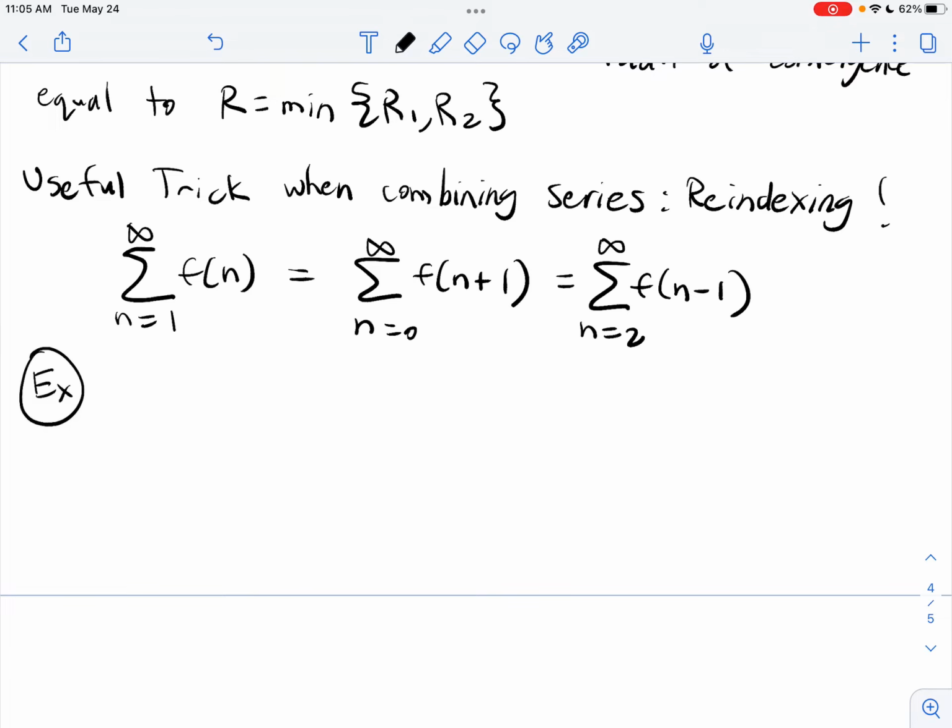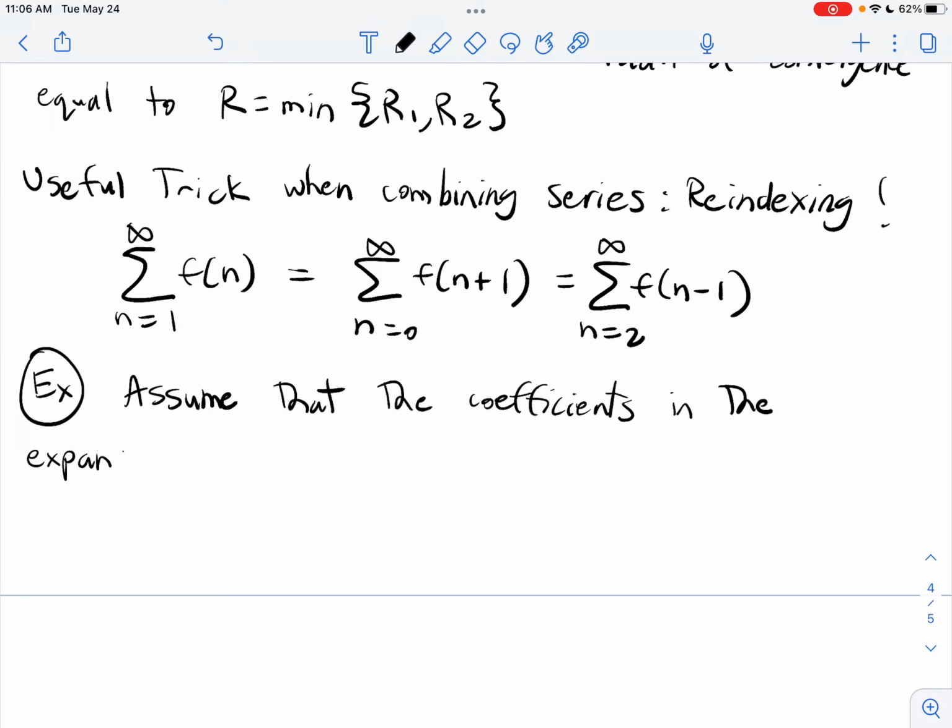So, example. Assume that the coefficients in the expansion satisfy the following relation.